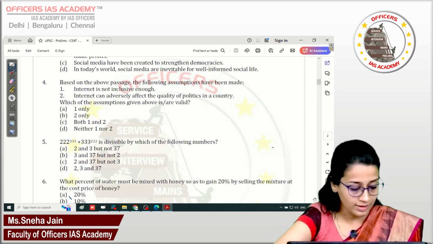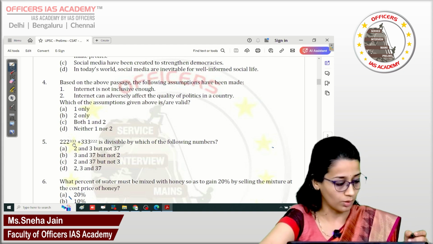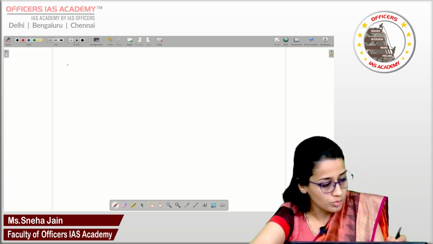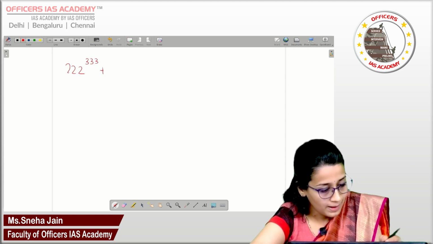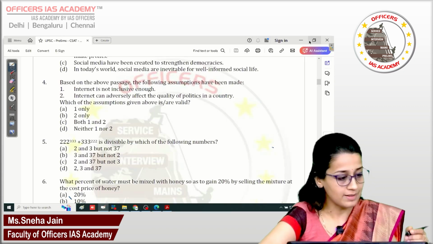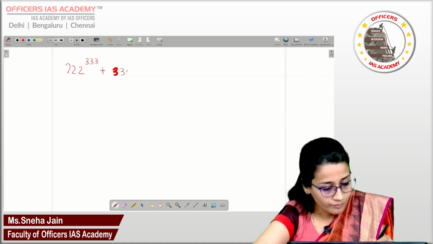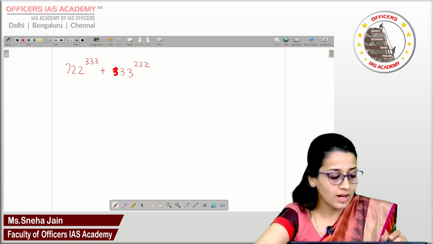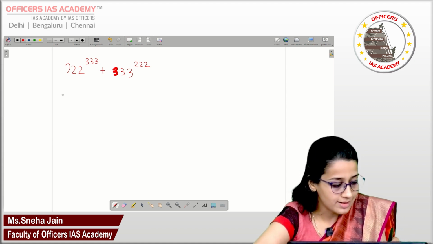Now 222 to the power 333 plus 333 to the power 222. Let us try to find the unit digits of these individual values. The unit digit of the first is 2.